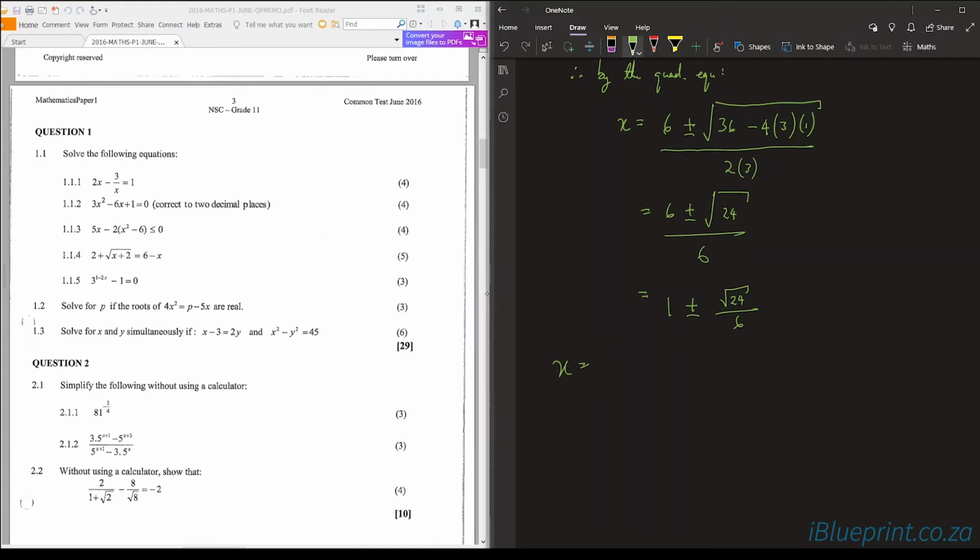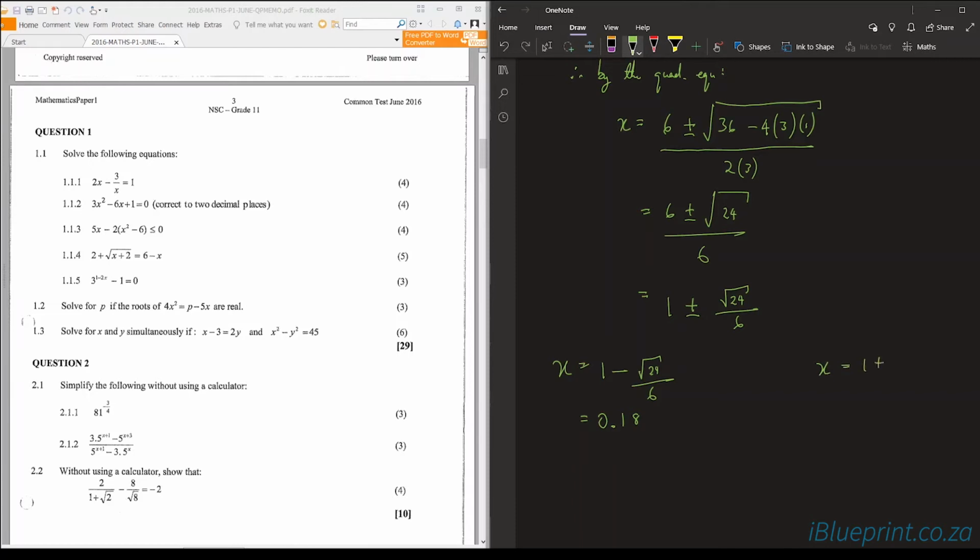So we use a calculator and we get x is equal to 1 minus root of 24, the whole over 6. And the solution to that, I'll just type it in on my calculator. And that gives me 0.1, and remember 2 decimal places, so it's 183, so that's 0.18.